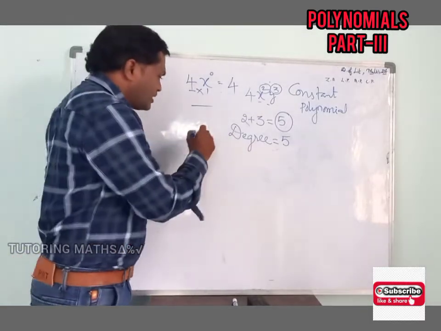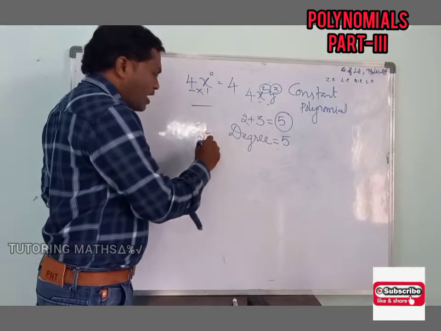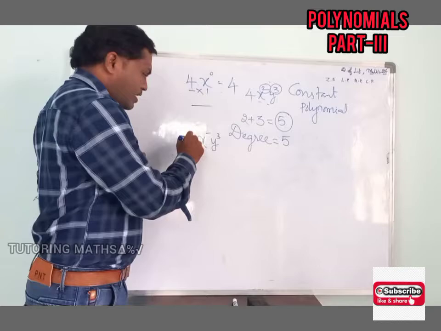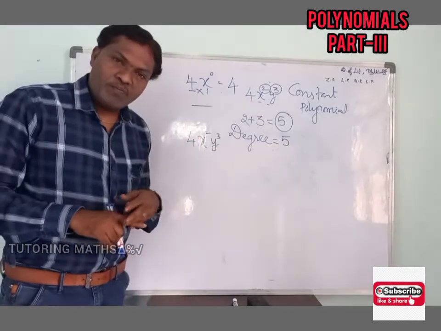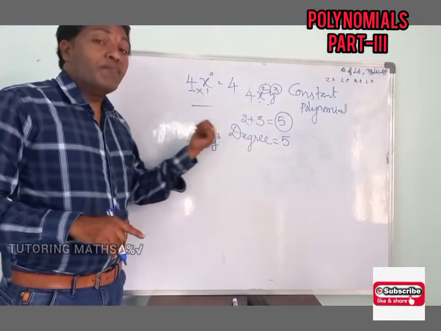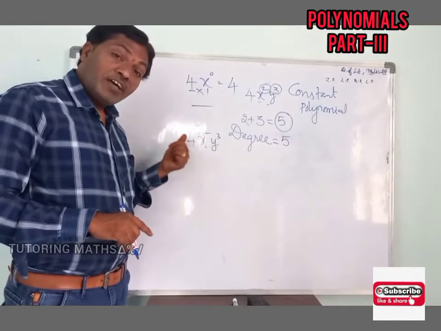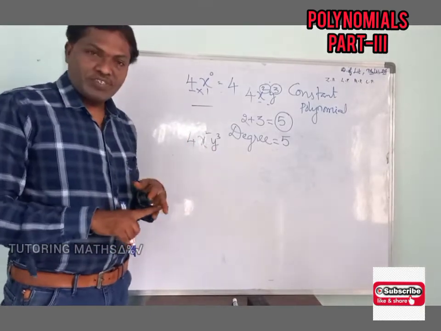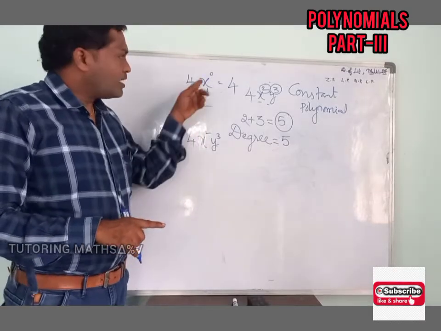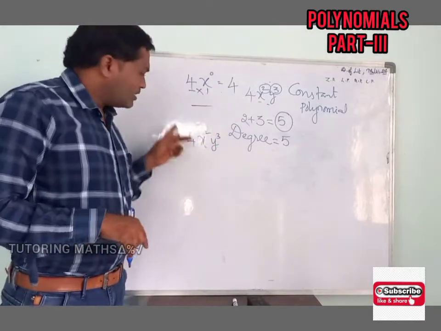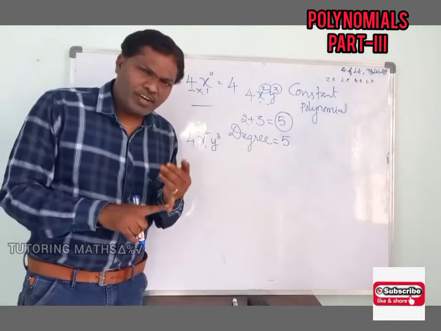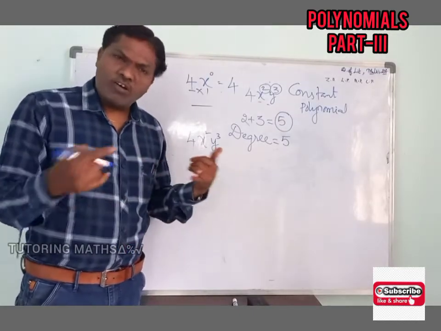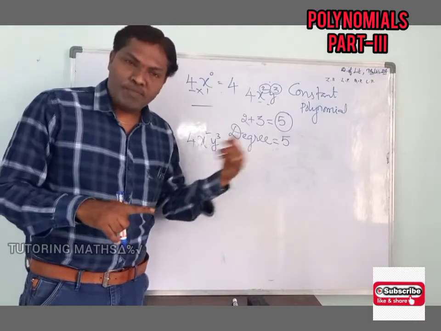Next, x square y cube, or you take 4x square y cube. Now it is a monomial having constant and literal terms. So it is a monomial, and this is also a polynomial. What is a polynomial? An expression of 1, 2 or 3 terms is called a polynomial.